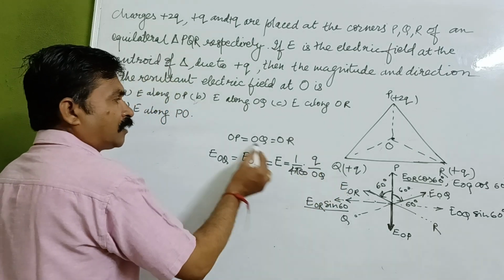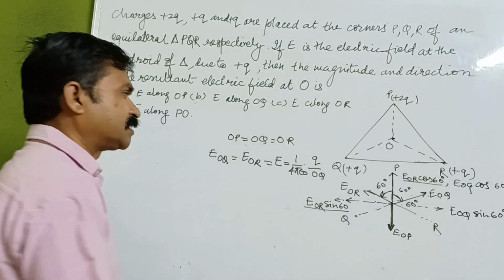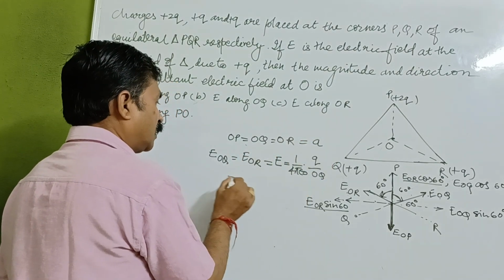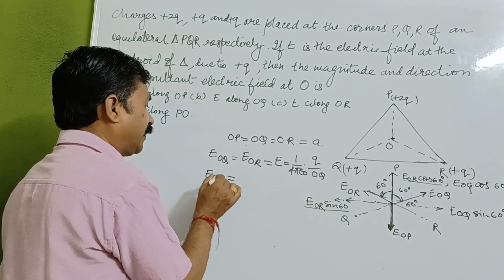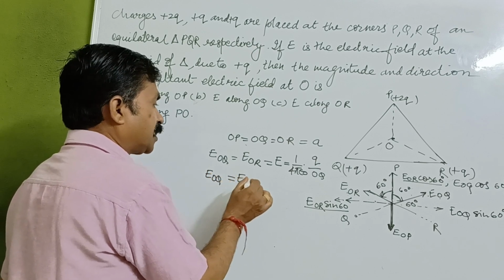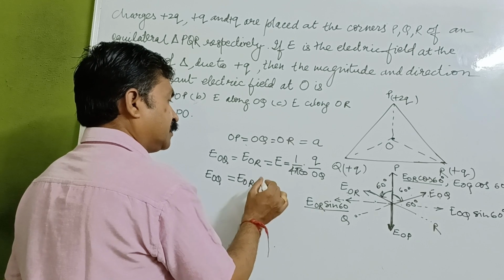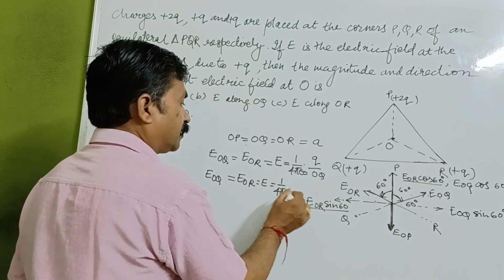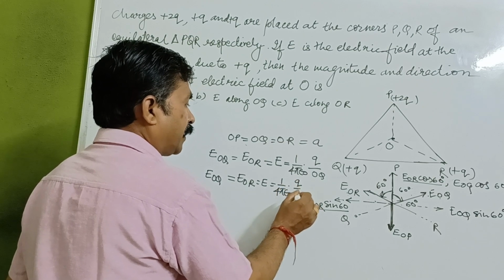Similarly, OQ and OP, both distances are the same. We can assume it as A, for example. So ultimately, we have the electric field because of these two charges, that is E, equal to 1 upon 4 pi epsilon naught into Q upon A.